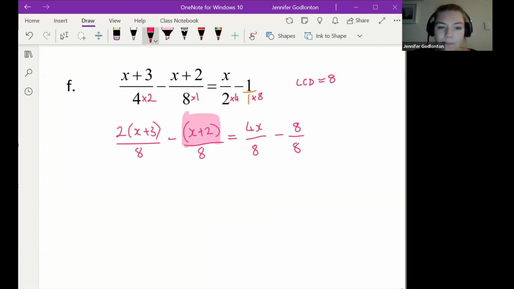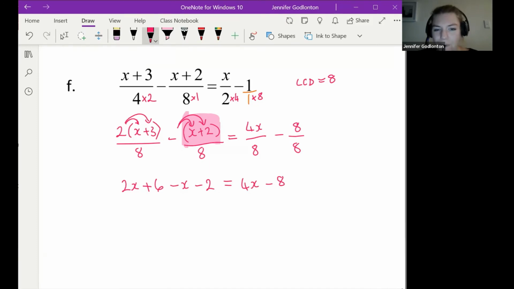Ma'am, then you're gonna multiply the 2 inside the bracket. So it's gonna be 2x plus 6 minus x plus 2. Oh, you're in my trap. Minus 2. Sorry, minus 2. Thank you. Equals 4x minus 8.